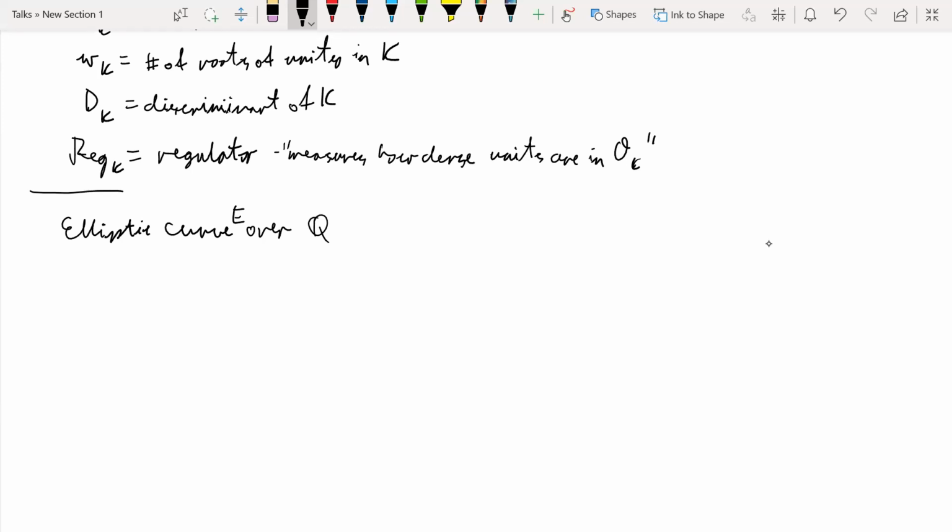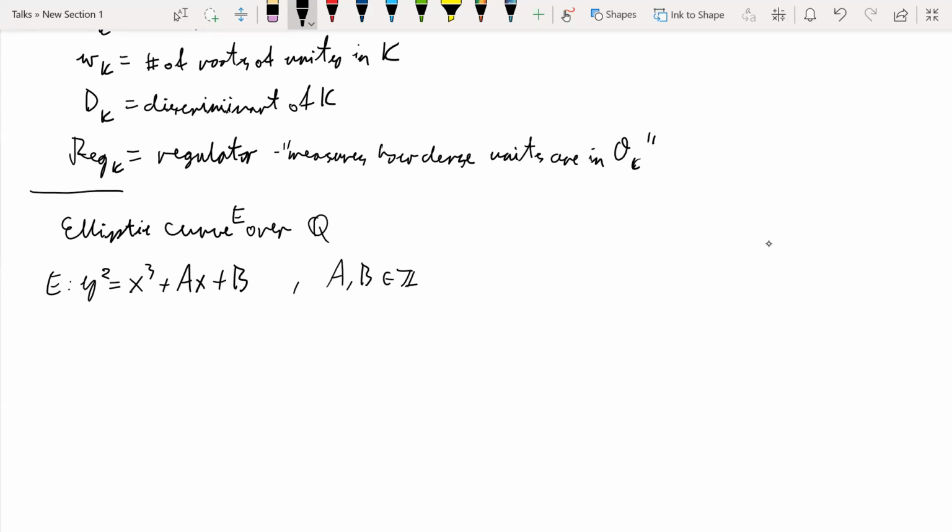In this case, it is given by an equation of the form y squared is equal to x cubed plus ax plus b. Let me assume that a, b are integers. In general, they are rational, but we can always rescale the coefficients appropriately.